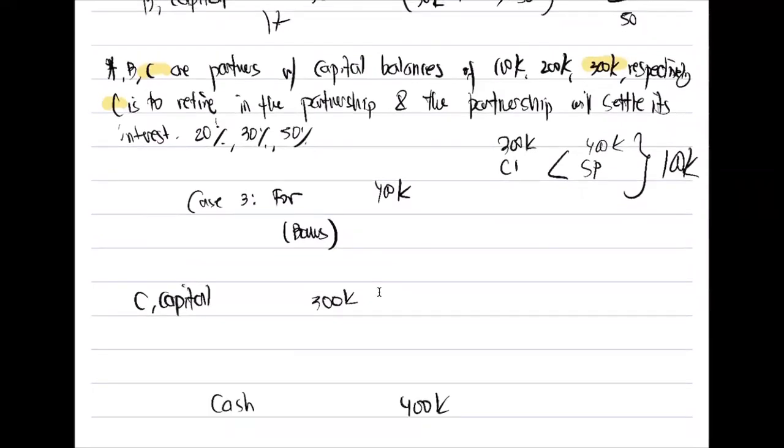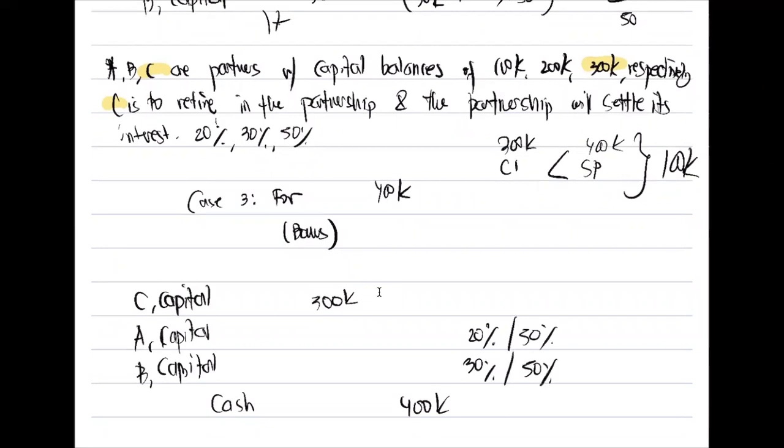So how do we account for the difference of 100,000? It will be shared by A and B, using their profit or loss ratio. So what is the ratio? 20%, 30%. Since that is less than 100% already, you divide each by the total and multiply it by the difference of 100,000. How much is the share of A? 40,000. B? 60,000.